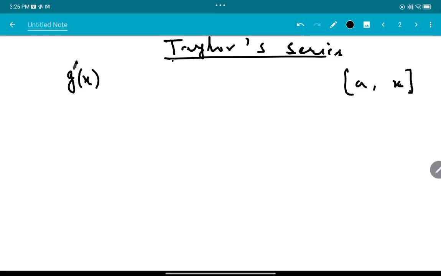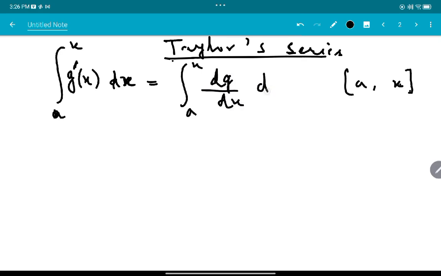With these things, I start with this. I take the first derivative, g dash x, and integrate it from a to x with respect to x, and I will get the integral from a to x of dg by dx into dx. dx will cancel, so you get the integral from a to x of dg.